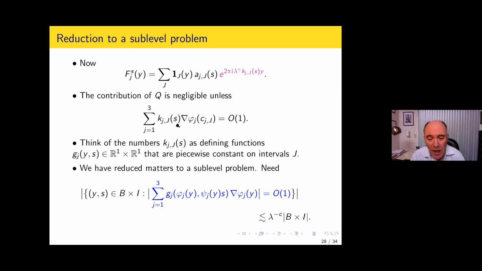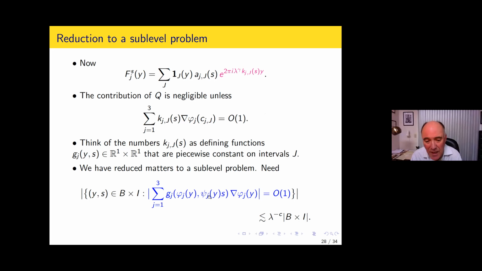And so I have a sum with three terms. I have these unknowns gj. They're evaluated at a certain place, and let's not worry about the exact formula. There's a new function psi that comes in here. So it's a function of y and also a function of y times s. These functions gj are scalar valued, but they're multiplied by the R2 valued functions gradient of phi j.